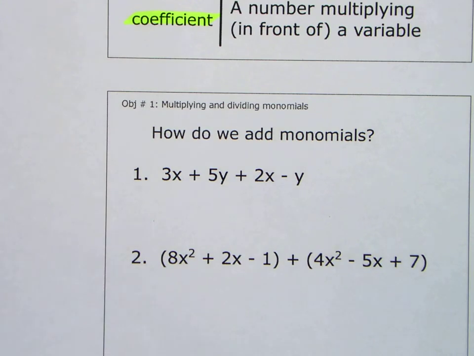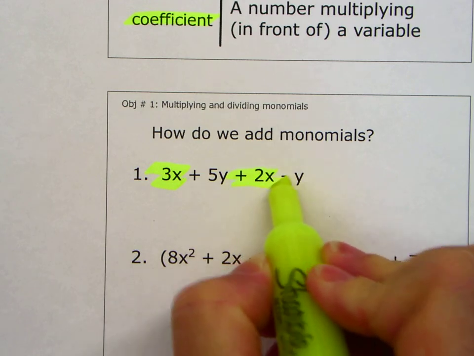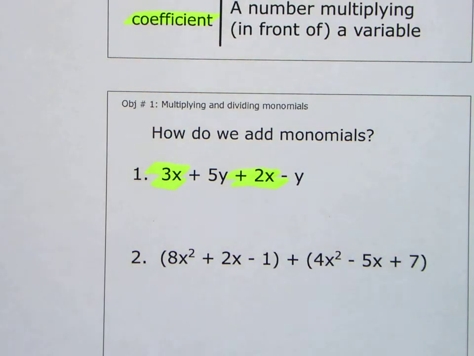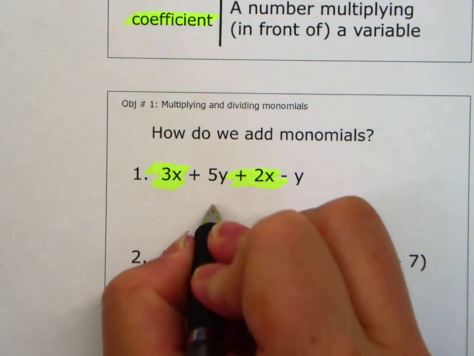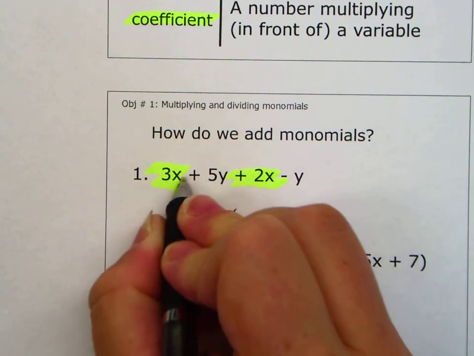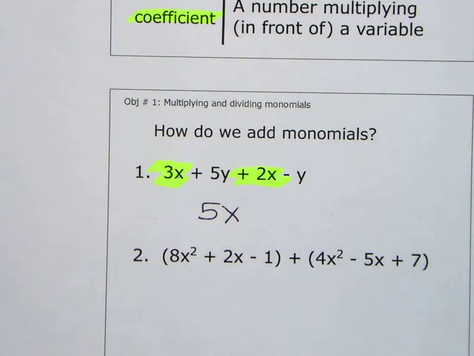So when we add monomials, you're only allowed to add the ones with like terms. So which terms are like in the first one? We have 3x and we have positive 2x. Notice I highlighted the plus. The sign is really, really important. 3x and 2x gives you 5x. This does not change. You're not multiplying anything. It's 5x. If I have 3 apples and 2 apples, I have 5 apples.